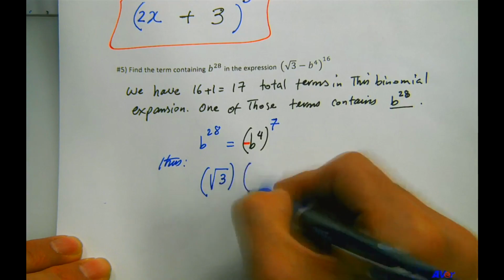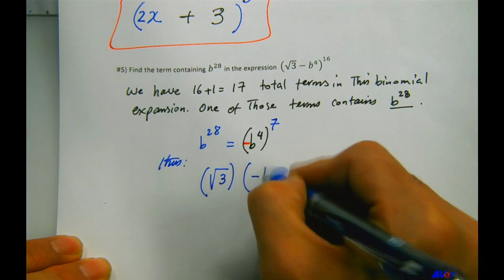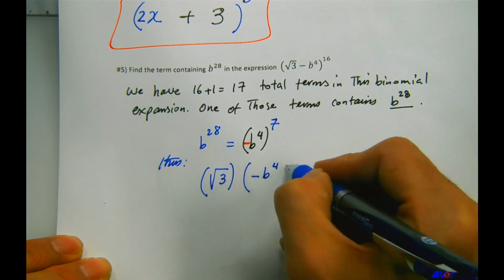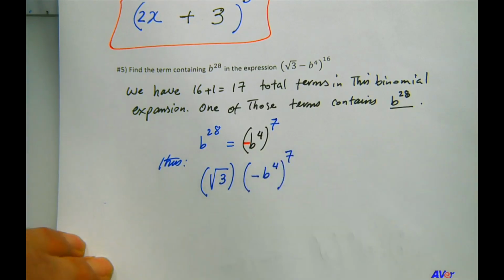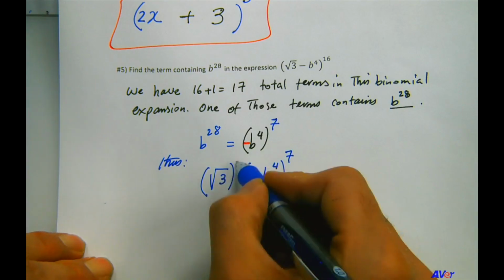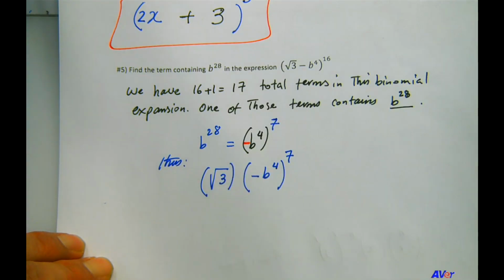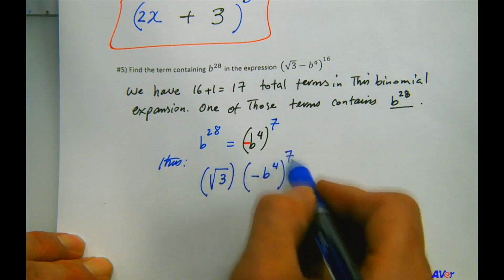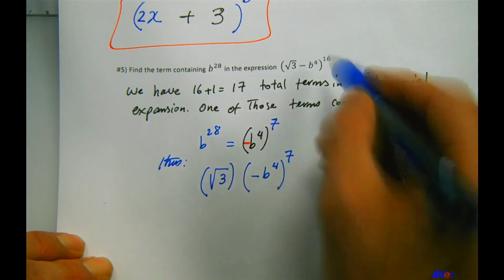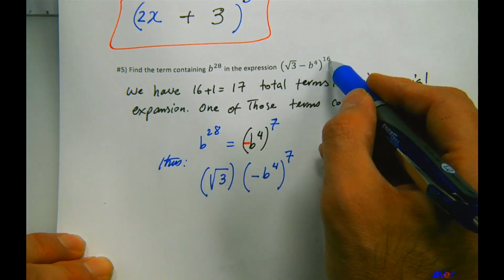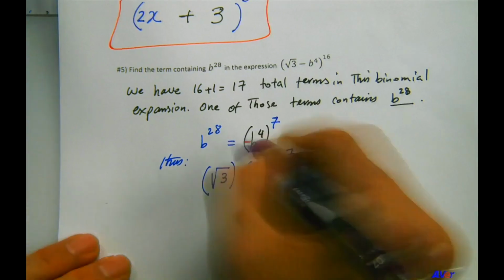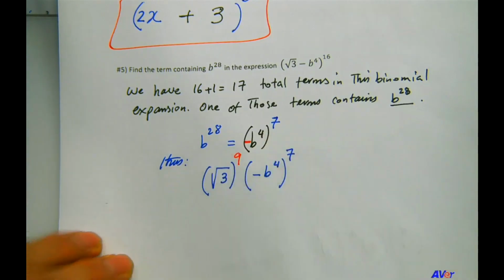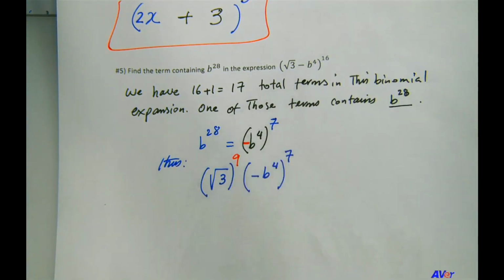If we're multiplying by minus b to the 4th to the 7th power, what should be the power of this? Do you remember how we determined that? The summation of these two powers should be equal to the power on the outside. So what should this power be? That power should be, of course, 9. 7 plus 9 equals 16.